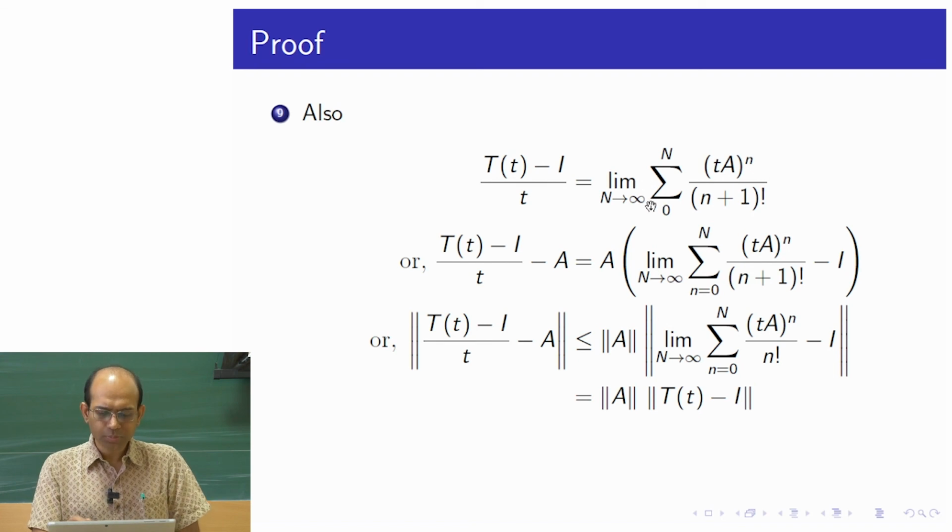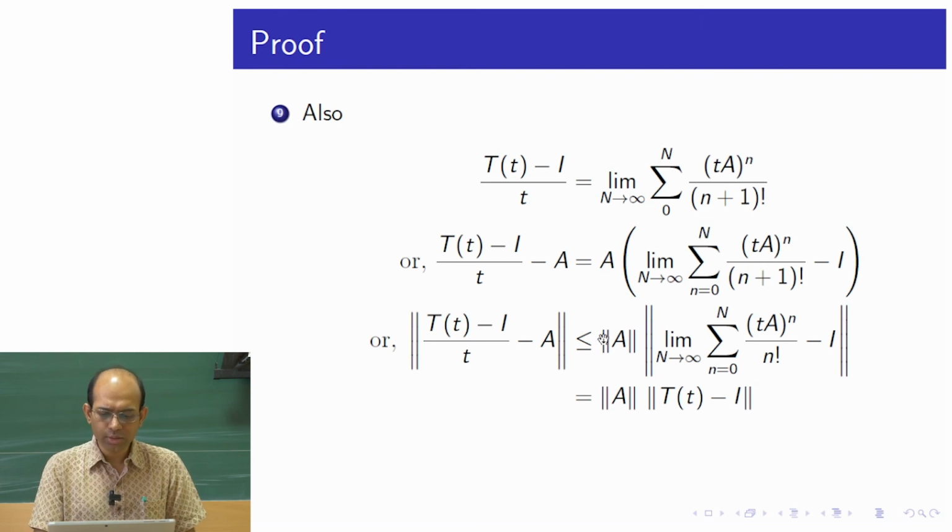Now I subtract a from both sides. The left hand side becomes Tt minus I divided by t minus a, and on the right hand side I get minus a as well. I take a common, so a times the limit as n tends to infinity of the sum from n equal to 0 to capital N of t a to the n by n plus 1 factorial, minus I. Now we take the norm on both sides, and the norm of a product is less than or equal to the product of the norms.